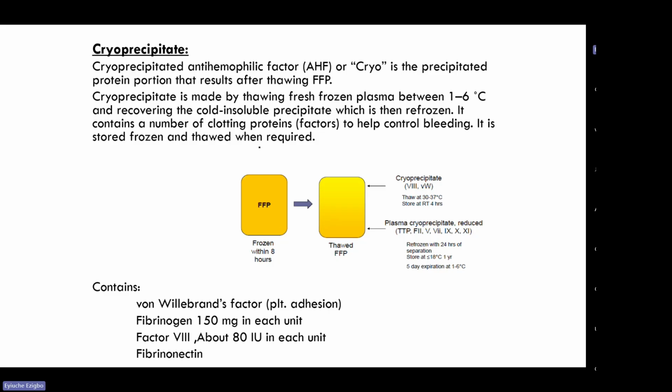When we harvest it, that forms our cryoprecipitate. It contains von Willebrand factor, fibrinogen, factor 8, and fibronectin. These are some of the contents of the cryoprecipitate.